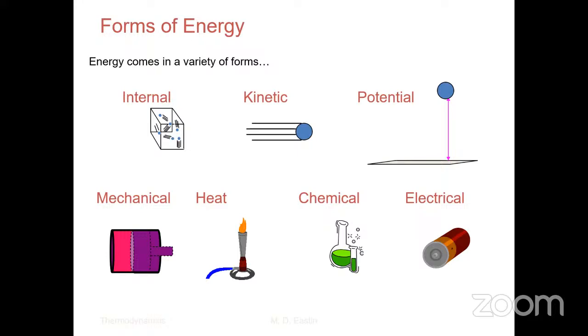So let's look at all the different forms of energy that we have. We have internal energy, which I told you is a sum of all the different forms of energy. We have kinetic energy, energy in motion. We have potential, position. We have mechanical energy. We have heat energy. We have chemical energy, and we have electrical energy.